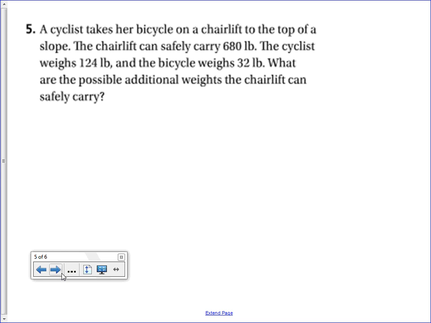So there's a number of ways to think through this. The one way that I want us to start thinking about is inequalities and equations. If we look at this, it says that the chairlift can safely carry 680 pounds. So I'm thinking in my head, I've got 680 pounds over here. Whatever weight we have on it has to be less than or equal to 680 pounds.